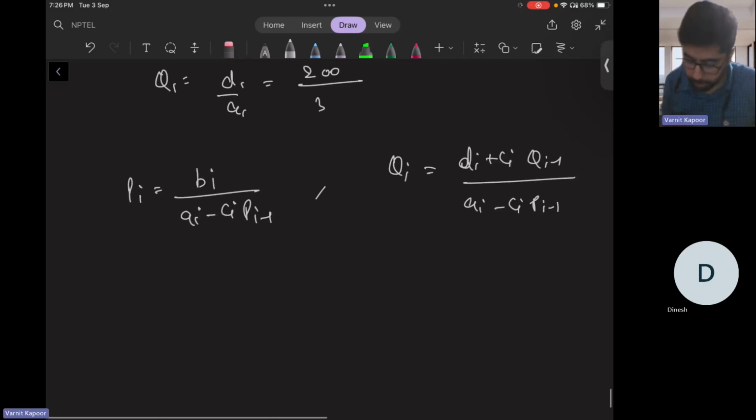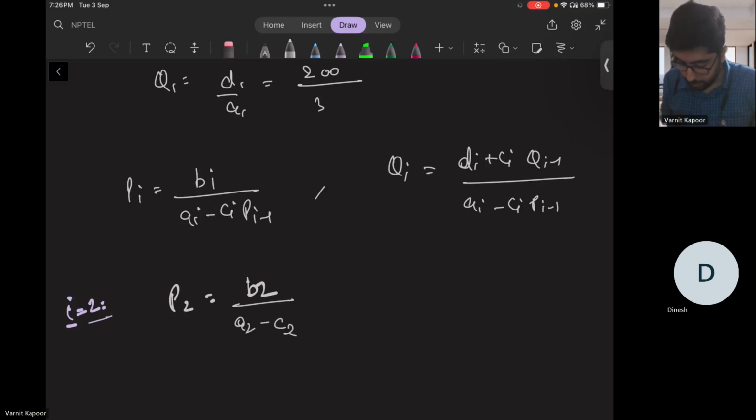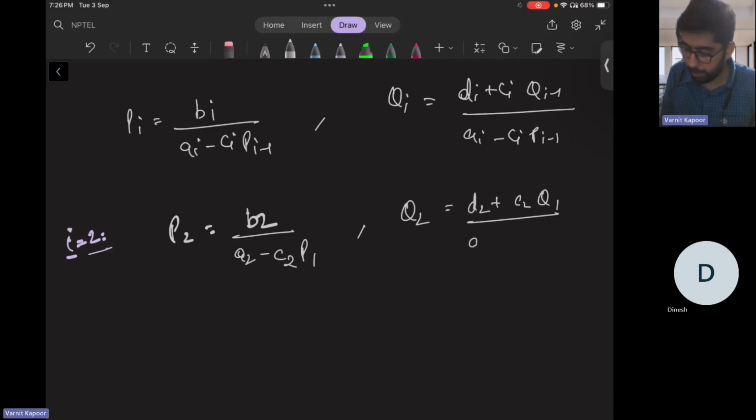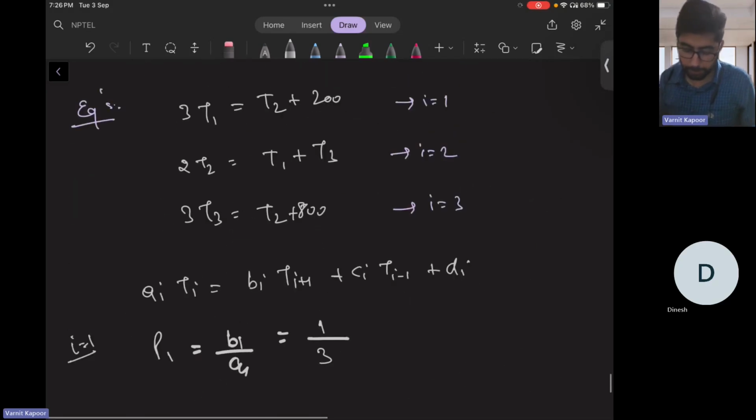So if you put i is equal to 2 this time, P2 will be how much? B2 over A2 minus C2 P1. And Q2 will be D2 plus C2 Q1 over A2 minus C2 P1. You know P1, you know Q1. You know the values of B2, A2, C2 from the equation of 2.